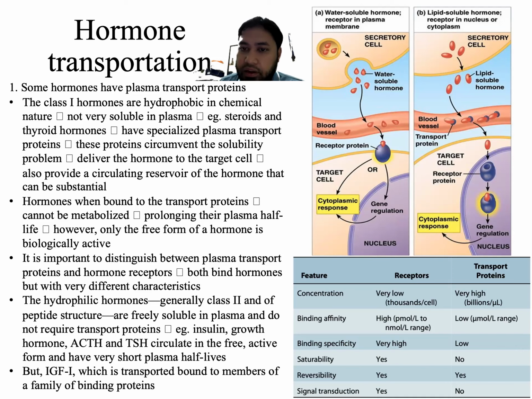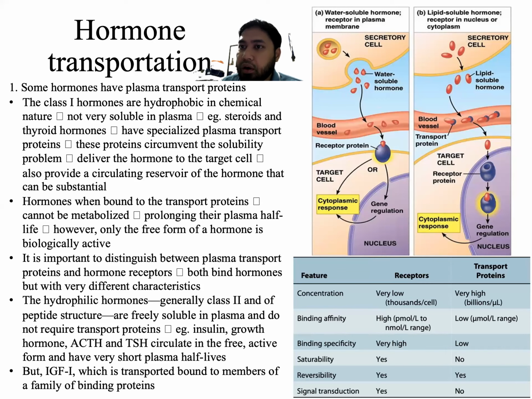The signals that they receive from the binding of water-soluble hormones and receptor protein can directly initiate the cytoplasmic responses, or they can enter the nucleus and change the DNA and produce a new protein. The nucleus is in purple. So there are two ways. Once the water-soluble hormone is bound to the receptor protein, they can cause responses in these two pathways.